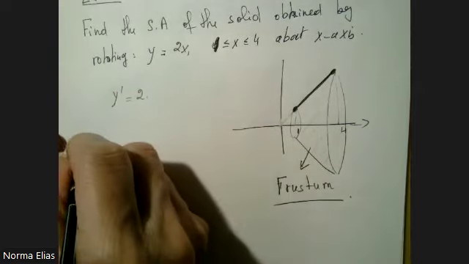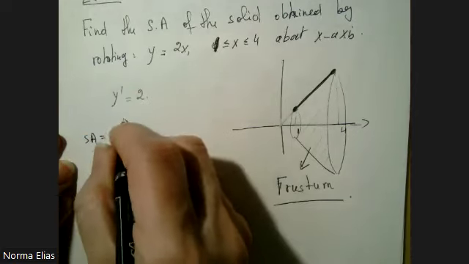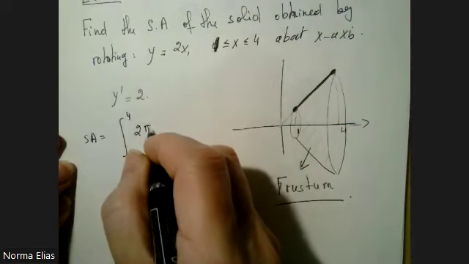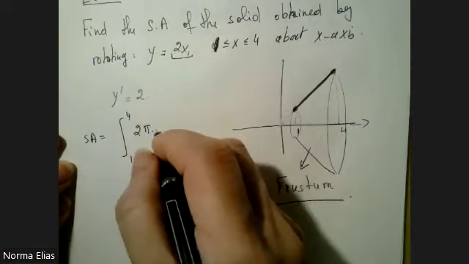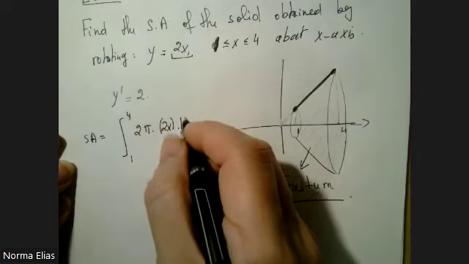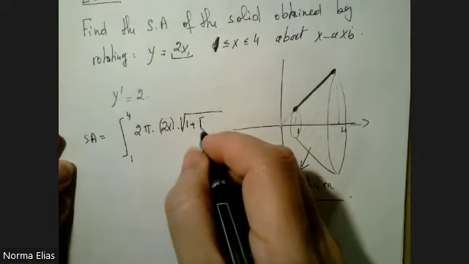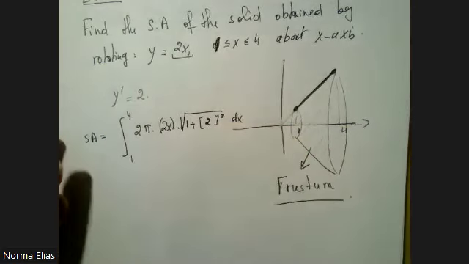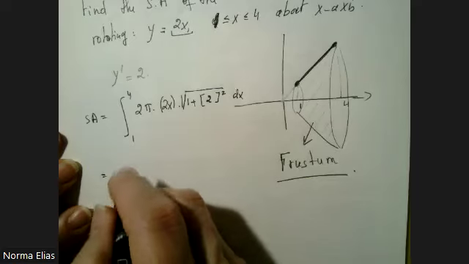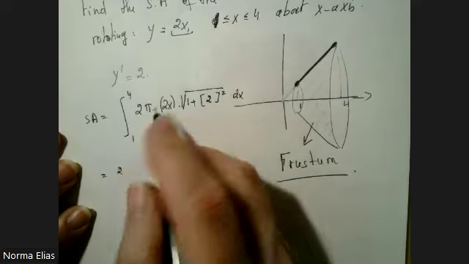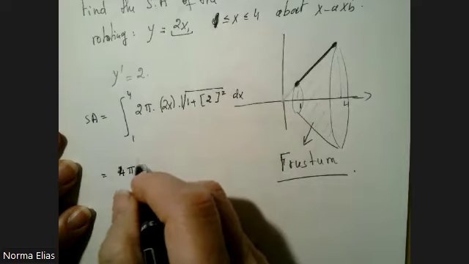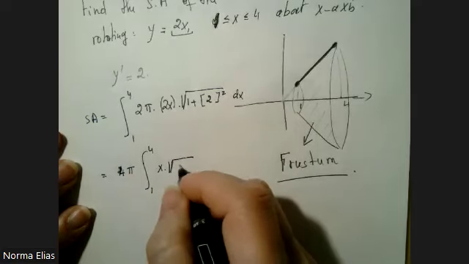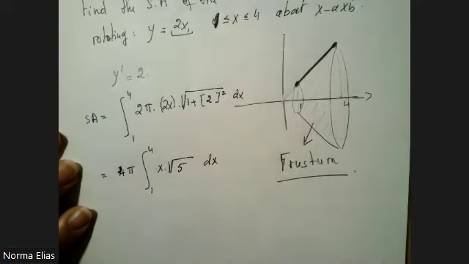So the formula tells me that the surface area is the integral from 1 to 4 of 2 pi times f of x. f of x is 2x, times the square root of 1 plus the derivative squared, dx. Okay, so this would be equal to 2 pi times 2, so it gives me 4 pi, integral from 1 to 4 of x times the square root of 5 dx.